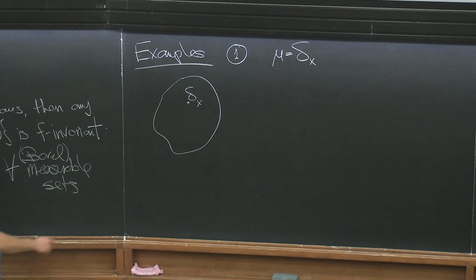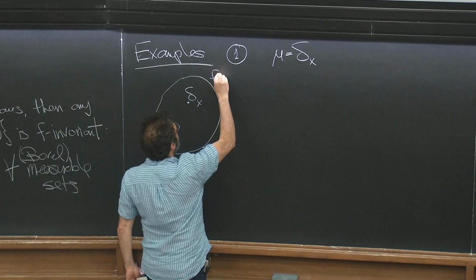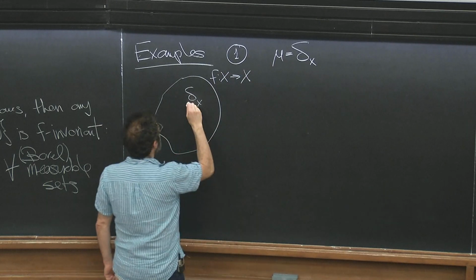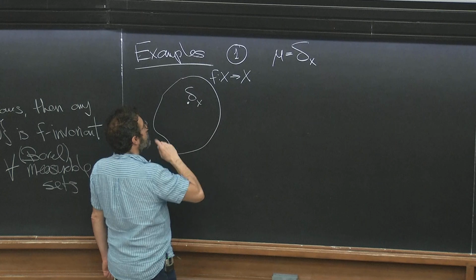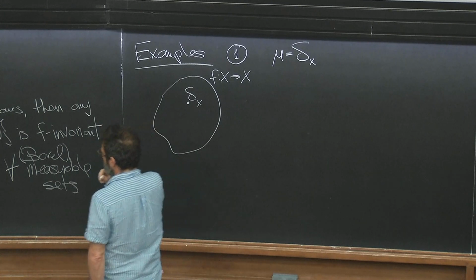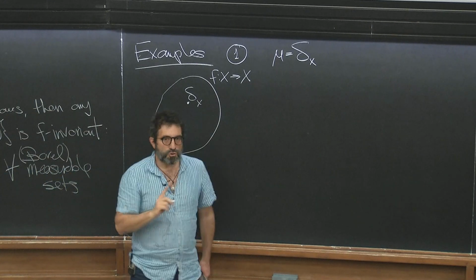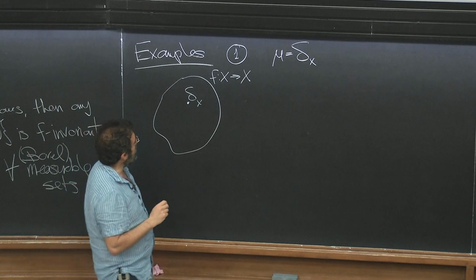We have some map. How do we check whether the measure is invariant?